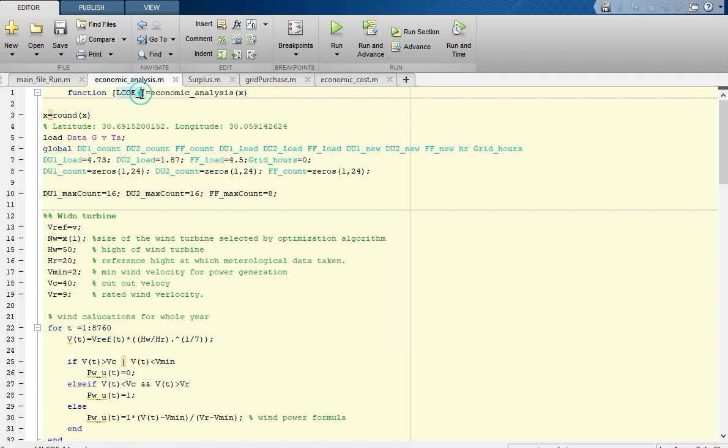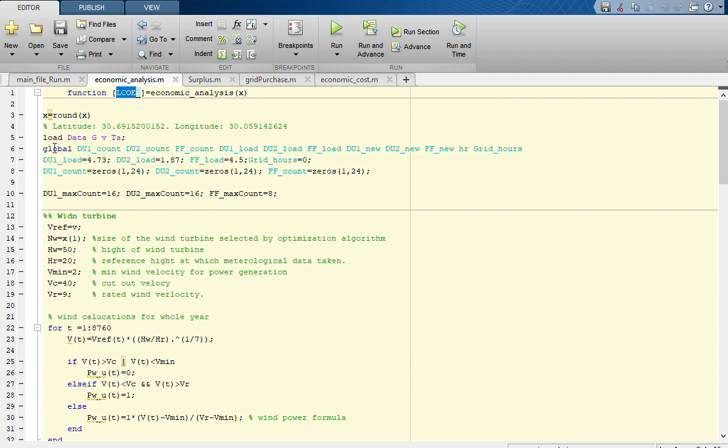The fitness value in our case is the levelized cost of energy. So different x parameters will be entered here, and this fitness function will return the levelized cost of energy, the LCOE. Based on this LCOE, x1, x2 and x3, meaning the size of the wind, the size of the solar, and the starting hour, are decided.